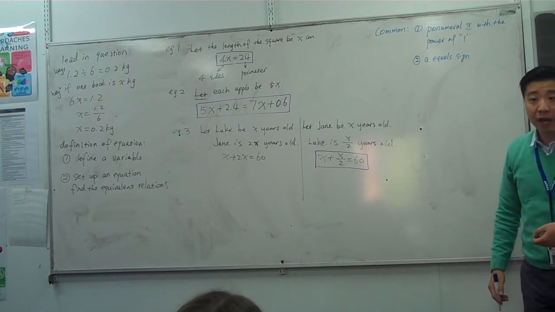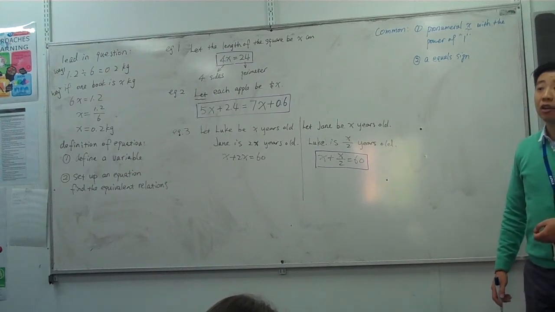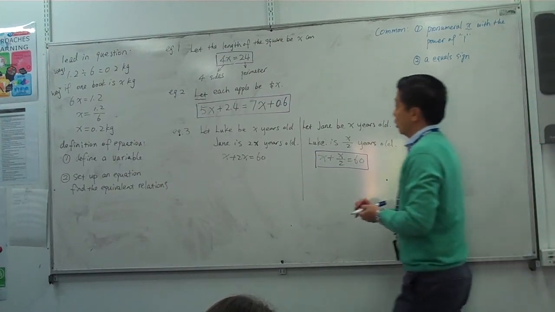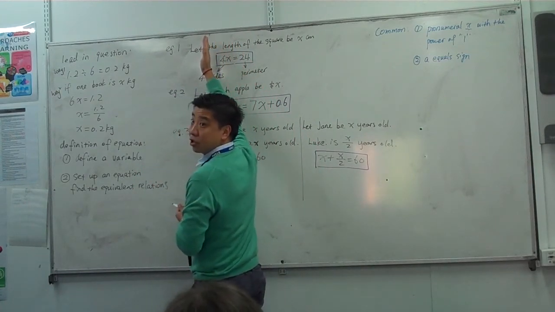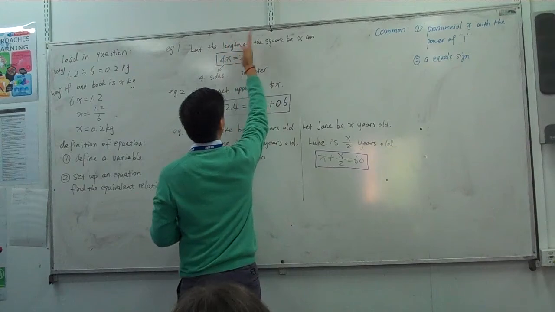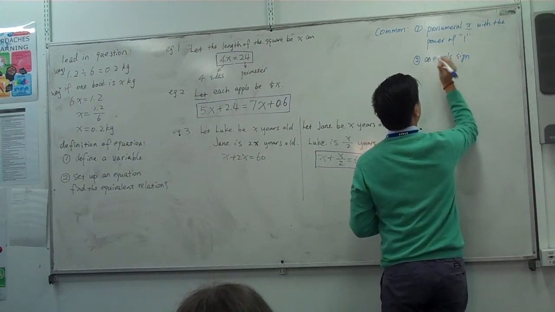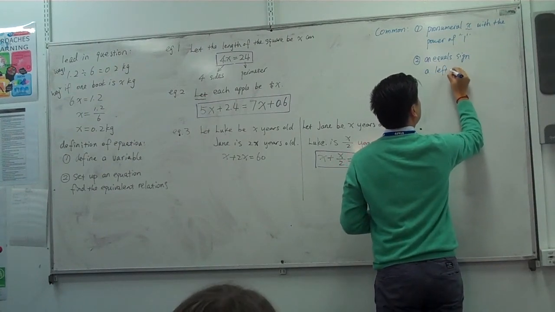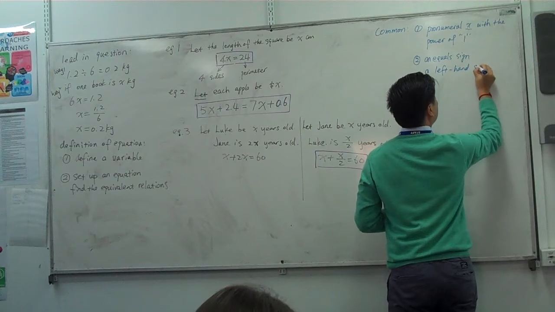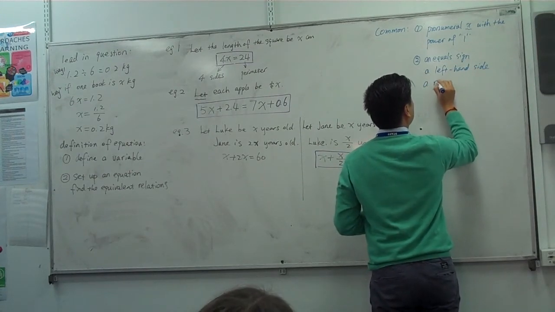That's why we call that an equation. If there's no equal sign, it's not an equation. And also, do we have the left-hand side of the equal sign, and then the right-hand side? Okay, good. So we have an equal sign, a left-hand side and a right-hand side.